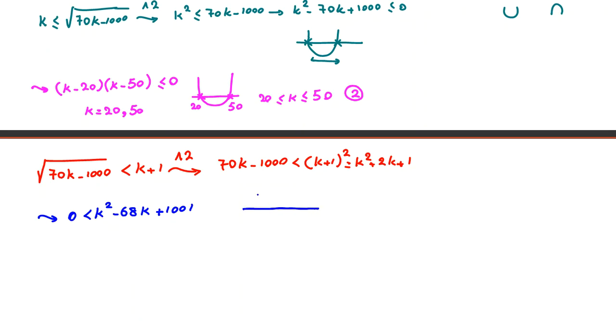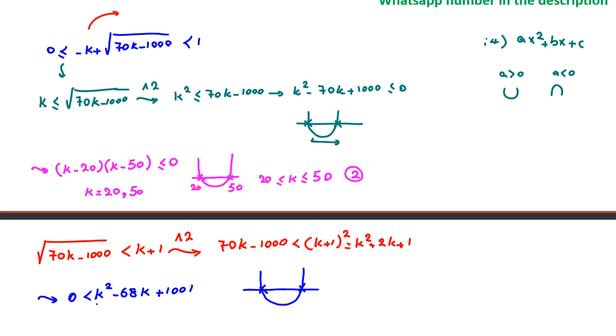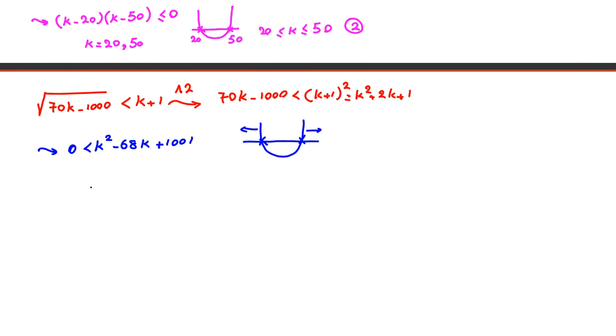It means what? If we find the roots, it opens up because of idea 4, because a is 1, positive, so it should be outside the roots. So we should find the roots. Again, we use the quadratic formula: negative b, 68, plus minus the square root of 68 squared minus 4ac, 4 times 1001, all over 2.